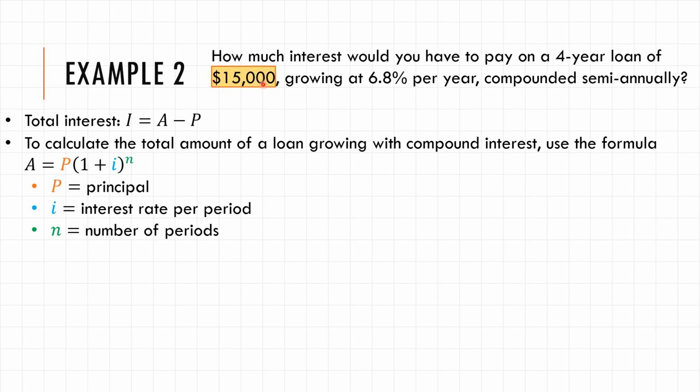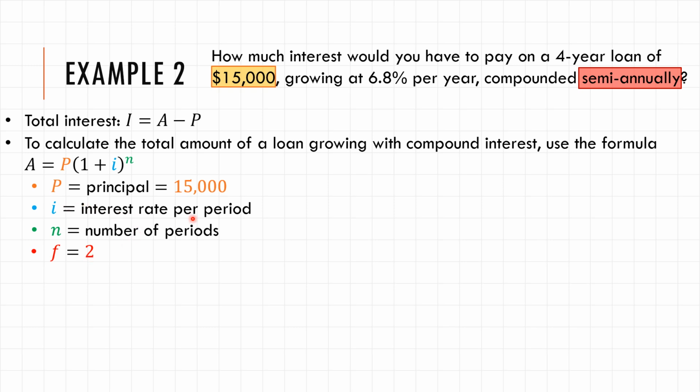And so $15,000 is our principal. Our interest rate per period, remember this is compounding semi-annually, that's every 6 months, if you refer back to that table. And so the frequency, how many periods are there in 1 year if one period is 6 months? The frequency is 2, because there are 2 periods of 6 months in a year.